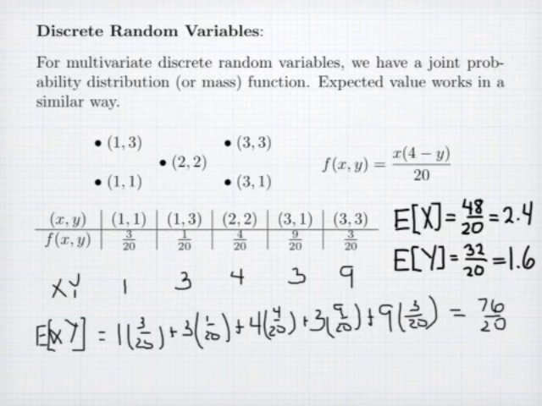So this is how expected value works. You take the value times the probability, and you add up all those results, and that's your expected value.